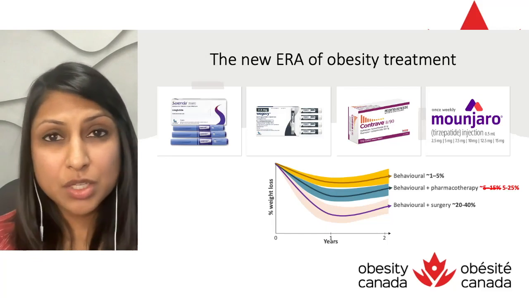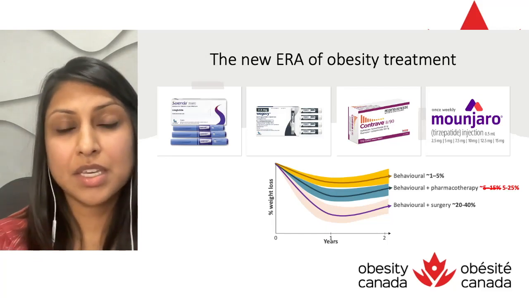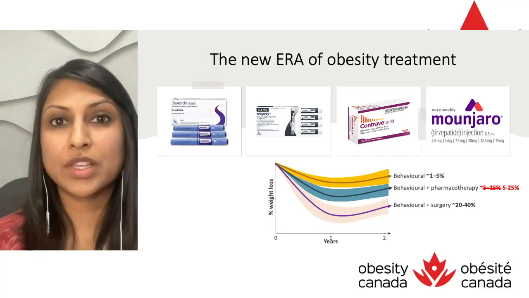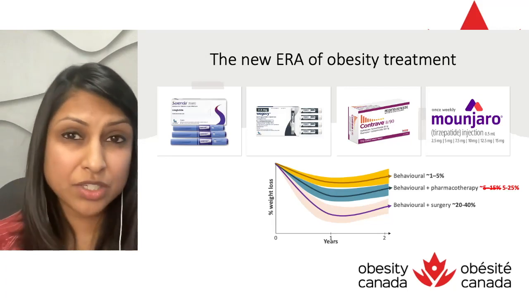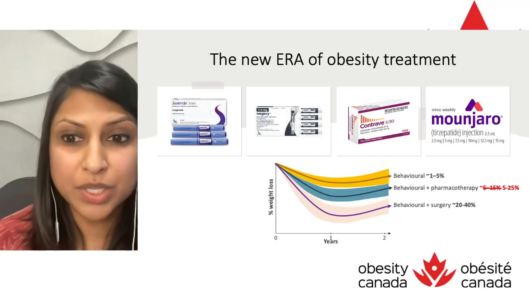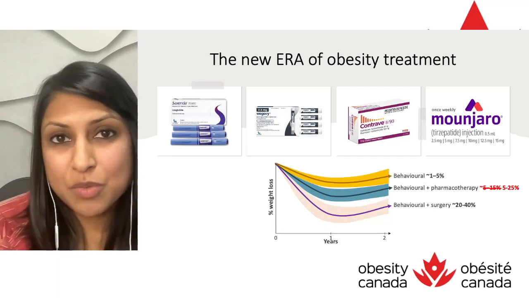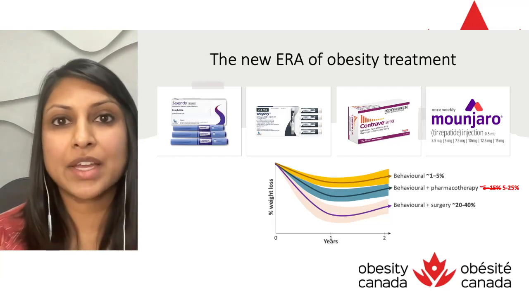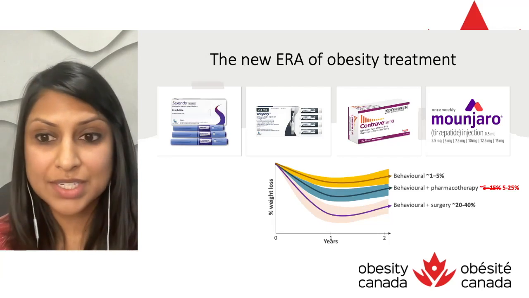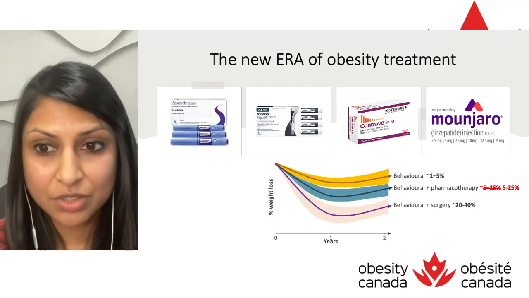And unfortunately, we typically need to see about 5 to 10% weight loss to see improvements in medical issues like diabetes and high blood pressure, which is the reason why we haven't been successful at reducing the rates of those other chronic diseases with diet and exercise alone.